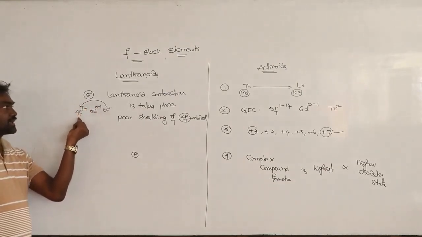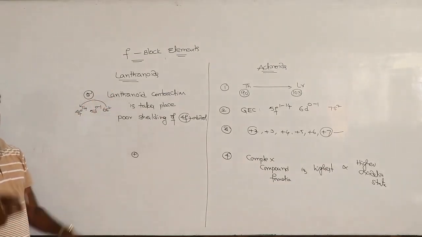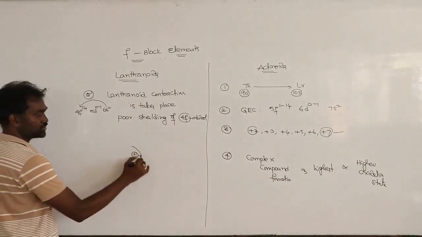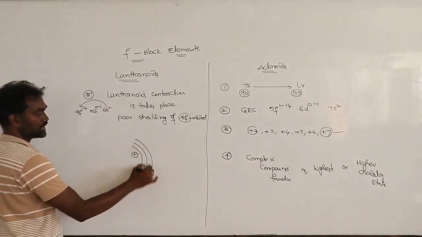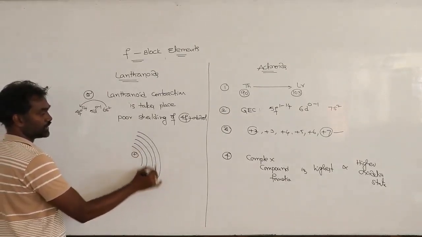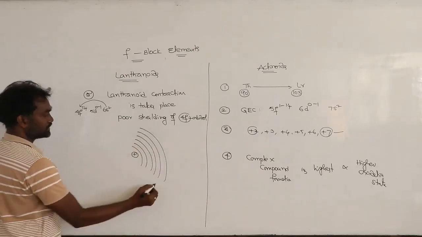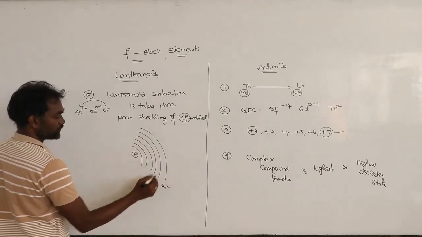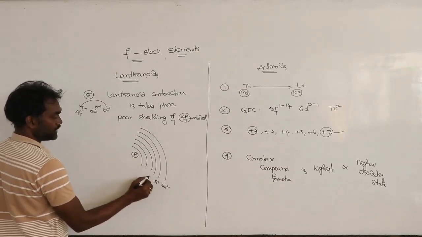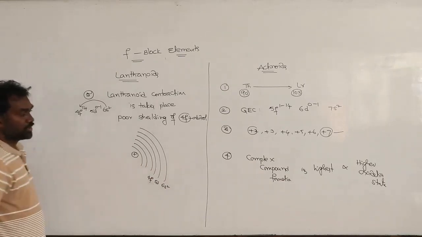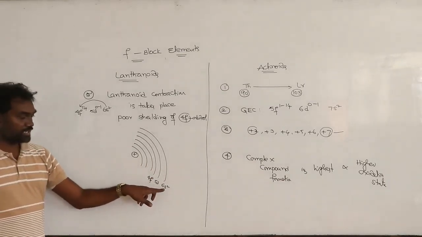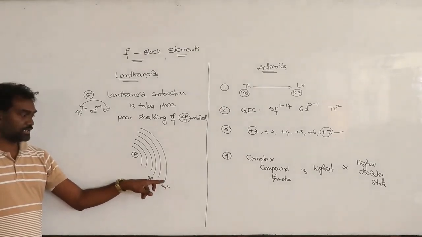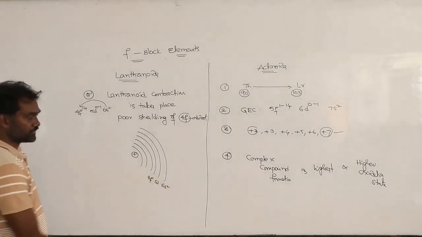Inside electrons are coming, that's why these are called inner orbital complexes. Here 6s2, here 5d, here 4f. After filling 6s, the electron enters into 4f.